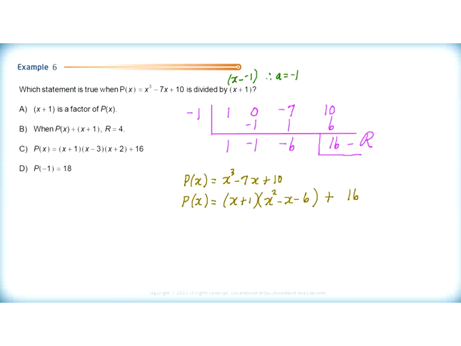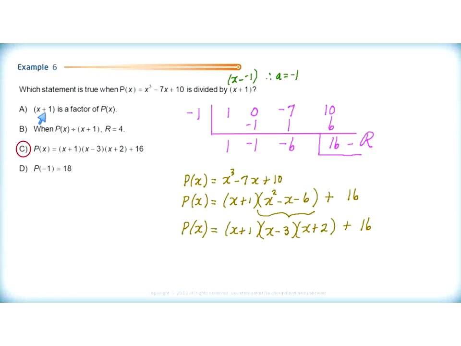Note that this polynomial can be factored a little further. So you have p of x is equal to x plus 1 multiplied by the factors of a -6 whose sum is a -1, with the x minus 3 multiplied by x plus 2, and then you add 16 at the end, which represents your remainder. So the statement that's true corresponds with C.